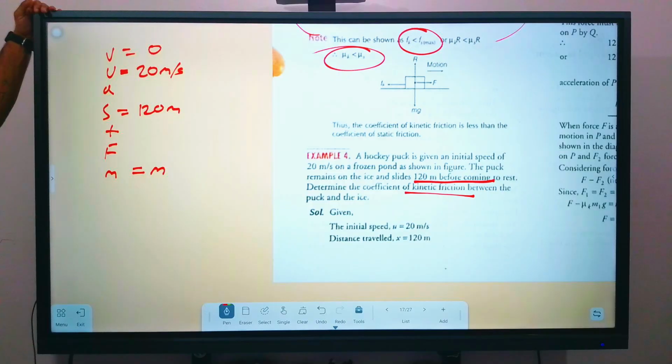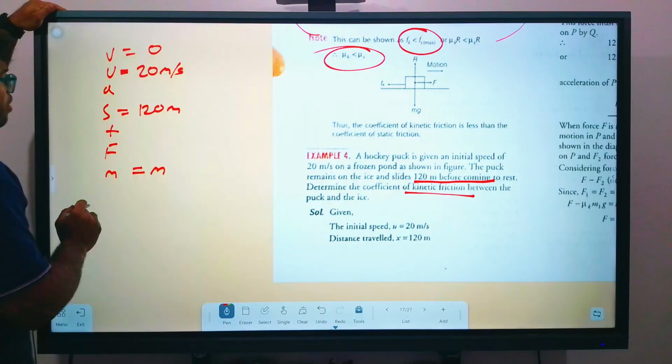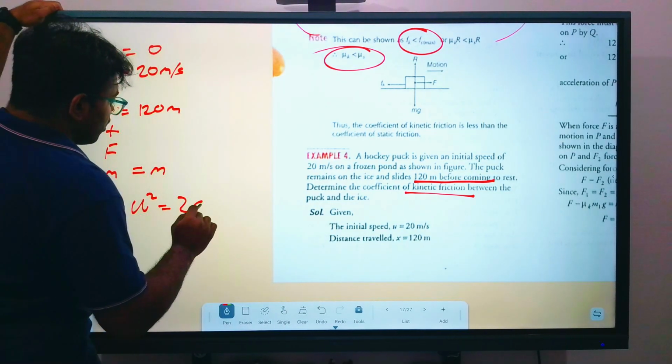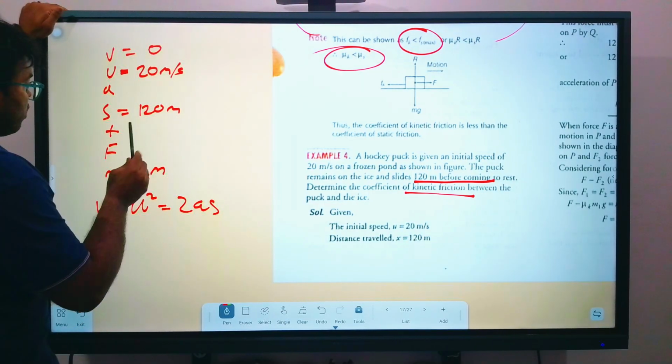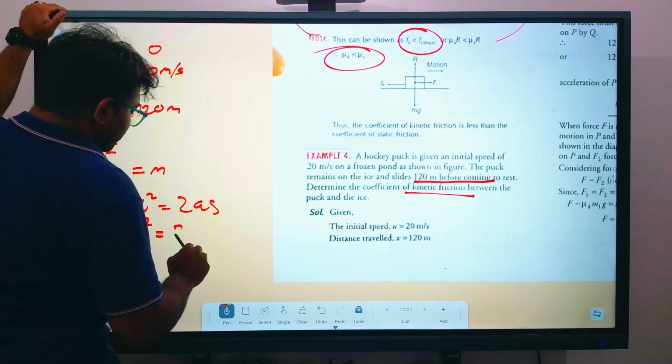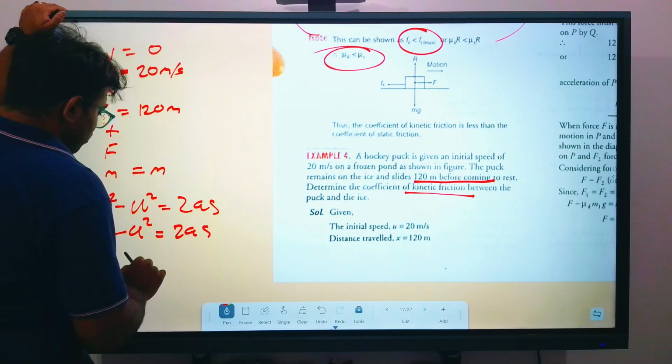So what is the deceleration going to be? Exactly, v squared minus u squared is equal to 2as. v squared is 0, so minus u squared is equal to 2as.